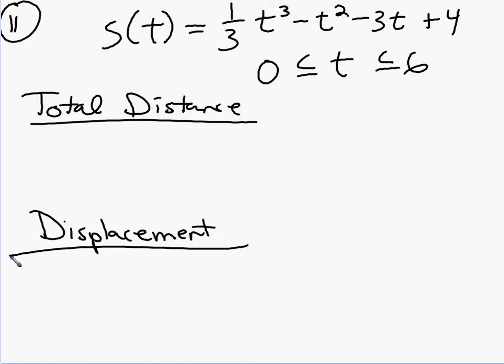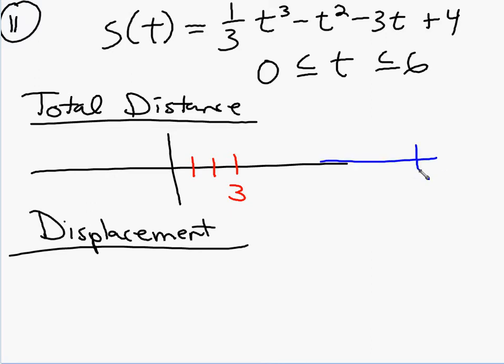And let's look at it on the x-axis, since that's what we're talking about. If I had a particle that started at 3, and that particle traveled to 11, now, isn't that a positive velocity, right?